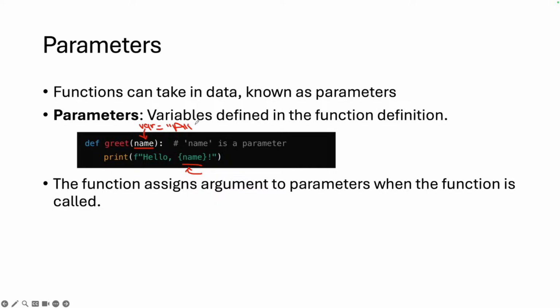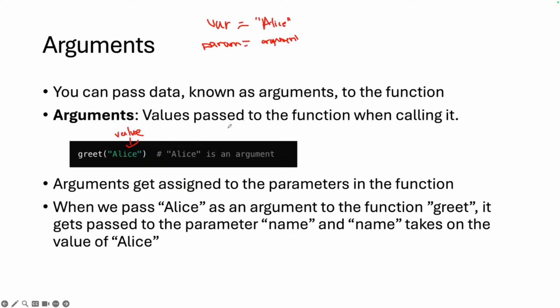So every time we use name in the function, when we call that greet and we pass Alice to it, it's going to substitute that with Alice. Of course, if we said after that greet Emily, then it would substitute it with Emily. So that's the value and power of functions.